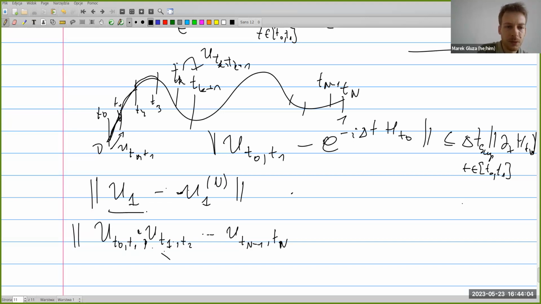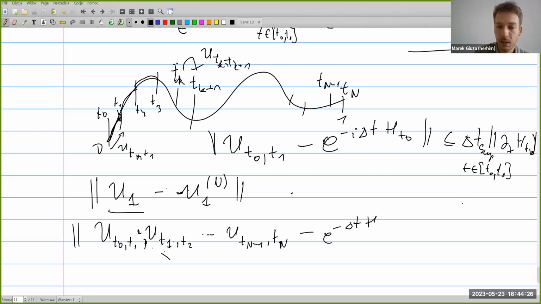So my full continuous evolution, which is the solution to the time-dependent Hamiltonian, is just the composition of evolving through those steps, and they combine seamlessly with each other. That's not a problem.